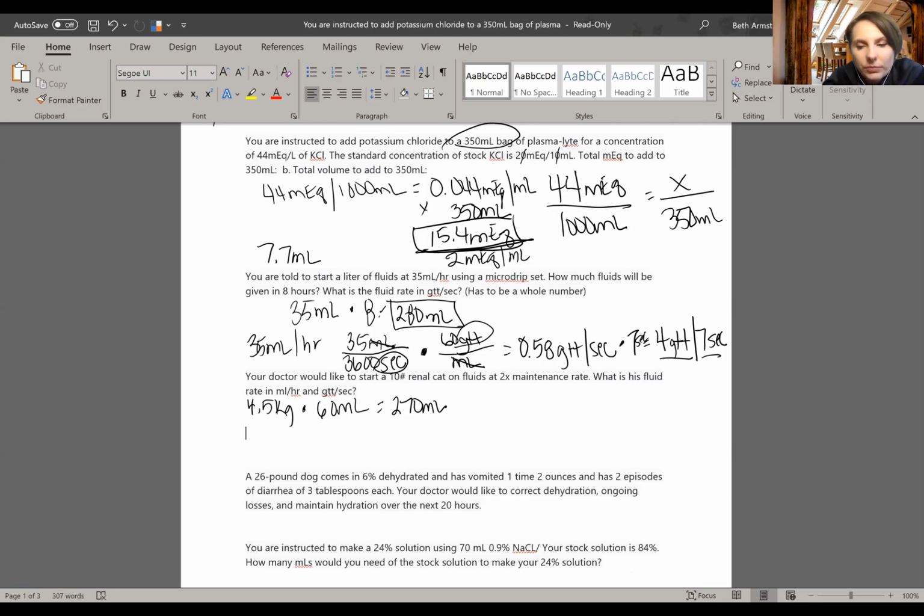So what do we do now? Multiply that by 2 because you're doing 2 times maintenance. Good. So multiply that by 2. So we get 540 mLs.